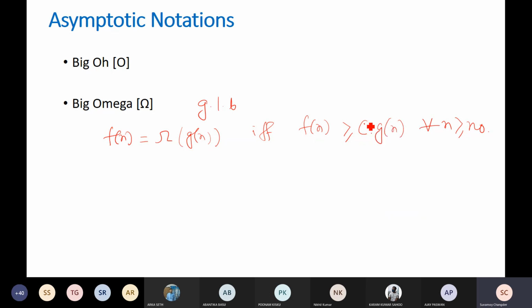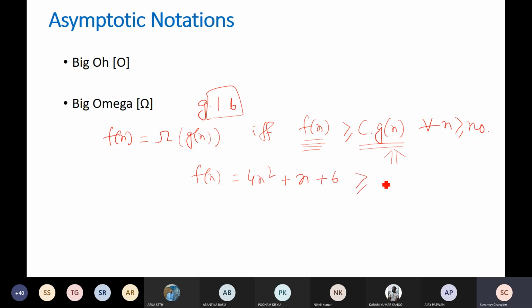So therefore, as per the definition, f(n) is greater than this. So g(n) is providing us the lower bound for f(n). So let us consider this example again. f(n) equals 4n square plus n plus 6.